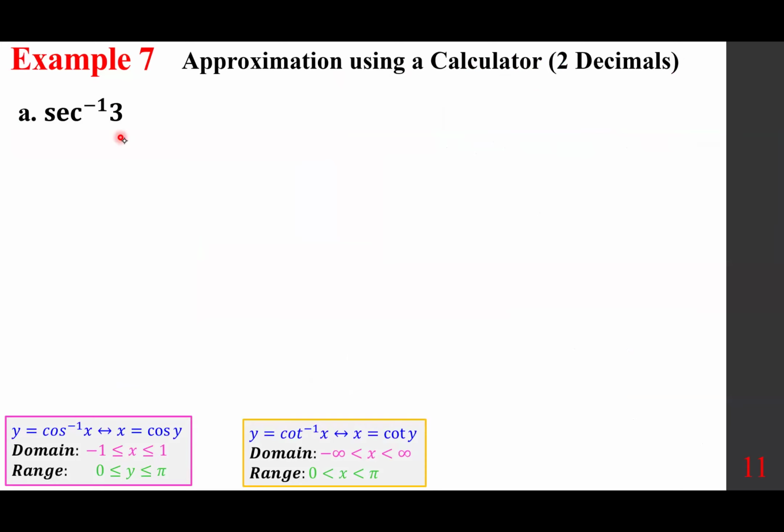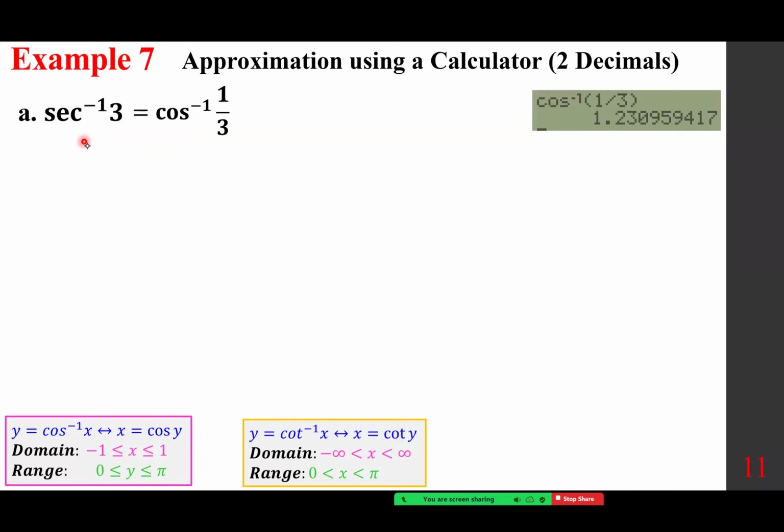So we know secant is 1 over cosine. Therefore, this is the same as cosine inverse of 1/3. You put that into a calculator because it's not a common arc, and you want 2 decimals, so it's 1.23. And by the way, pay attention that both of them have the same restriction, 0 to pi. You don't have to worry about anything.